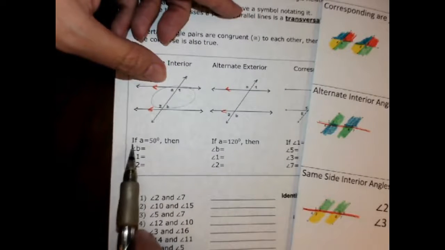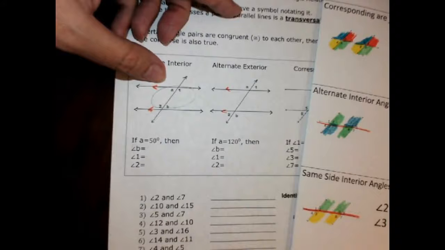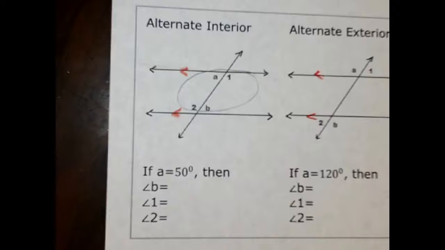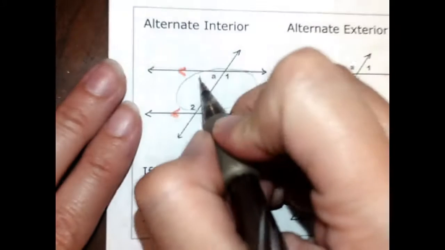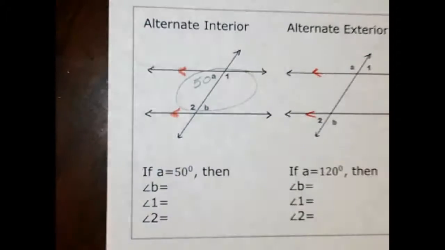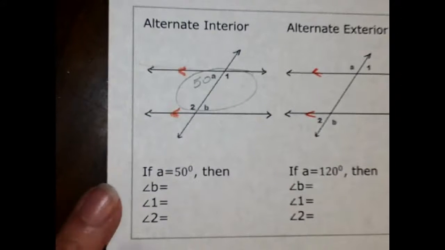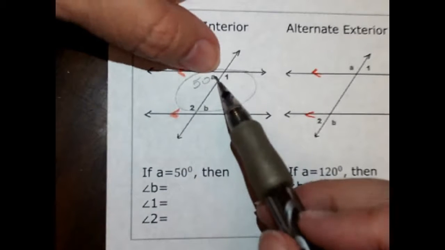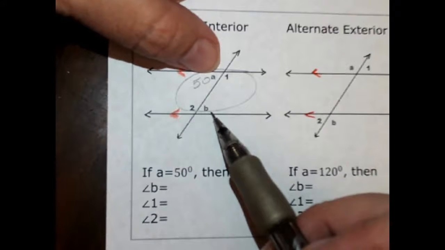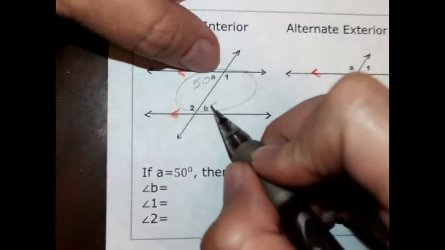Then what it tells me here is now we're going to put some numbers to it. I scooted in on this so that we could see it a little bit better. It says A is 50. What if I know A is 50? Well, if A is 50, and we said that alternate interior angles are congruent, A and B are the same size. So B is also 50.